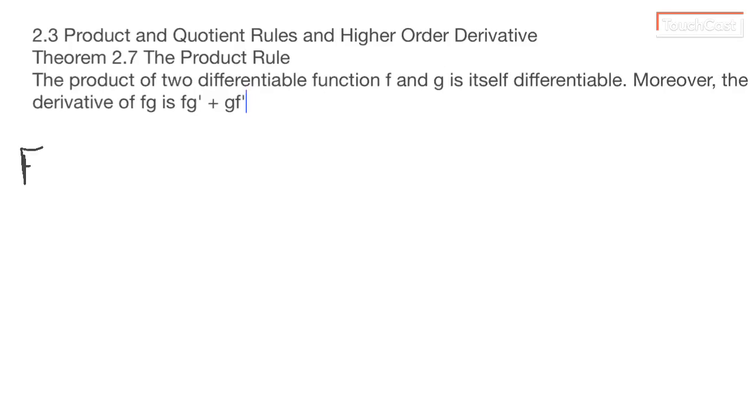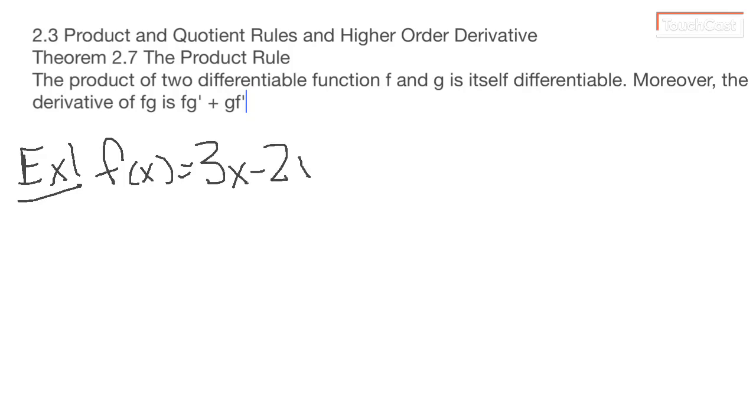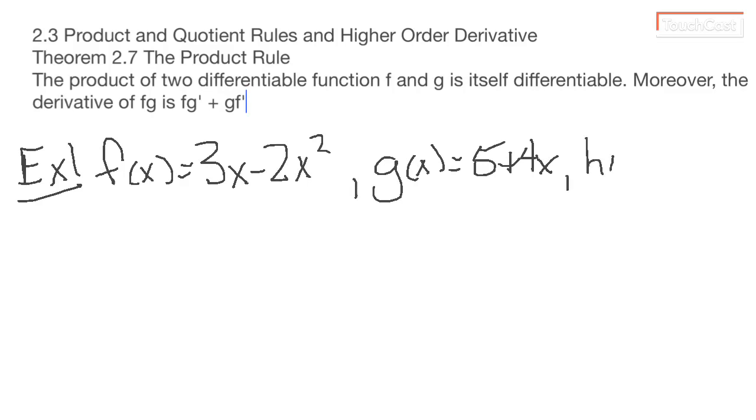So our first example, example 1, we're going to have the function f of x is equal to 3x minus 2x squared. We're going to have g of x, which is 5 plus 4x, and h of x, which is just going to be f times g.